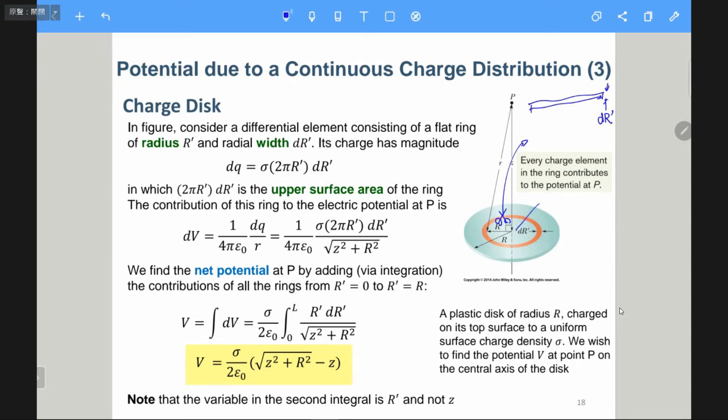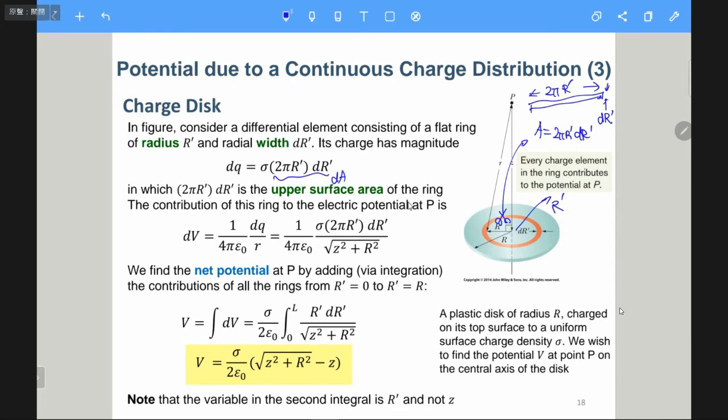This is the r prime axis, and the length will be the circumference of a circle, so this length will be 2 pi r prime. So the total area of this ring will be 2 pi r prime dr prime. This is nothing but dA. The surface charge density multiplied by the area will be the total charge on this ring.